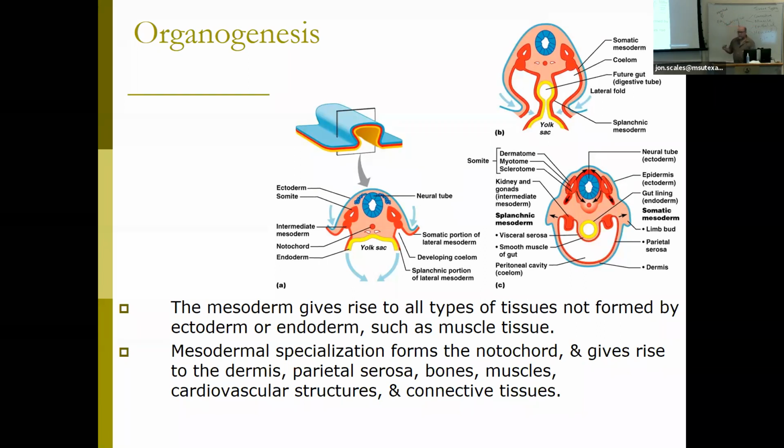And now you have a new layer there temporarily known as the neuroectoderm. And so you have kind of two layers. You have a layer that's the ectoderm here, and you have a layer underneath it that's the neuroectoderm.